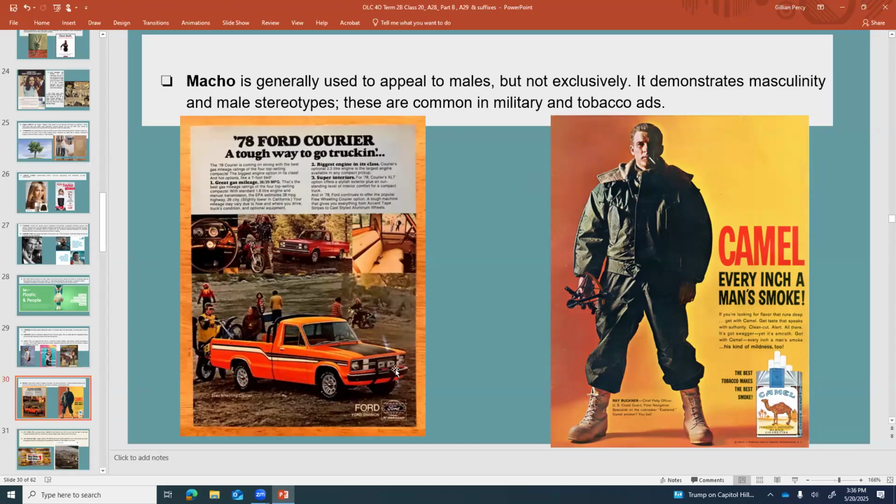Here, they're using it to sell trucks. And here, Camel is once again using it to sell smokes. They've got a Chief Petty Officer, U.S. Coast Guard, and he's smoking, which again, back in the day would have been pretty common. But these days, I have trouble picturing that they would actually smoke and ruin their bodies that way. But again, it's a super masculine cigarette for super masculine men.